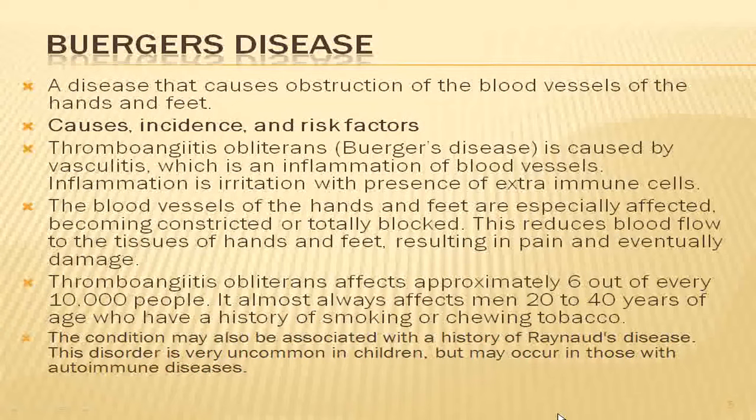With Buerger's disease, I know I keep mentioning this, but it's typically associated with tobacco use. Something that your book mentions that helps to differentiate peripheral artery disease from Buerger's disease is the red blood cell count, and also noting the blood viscosity.